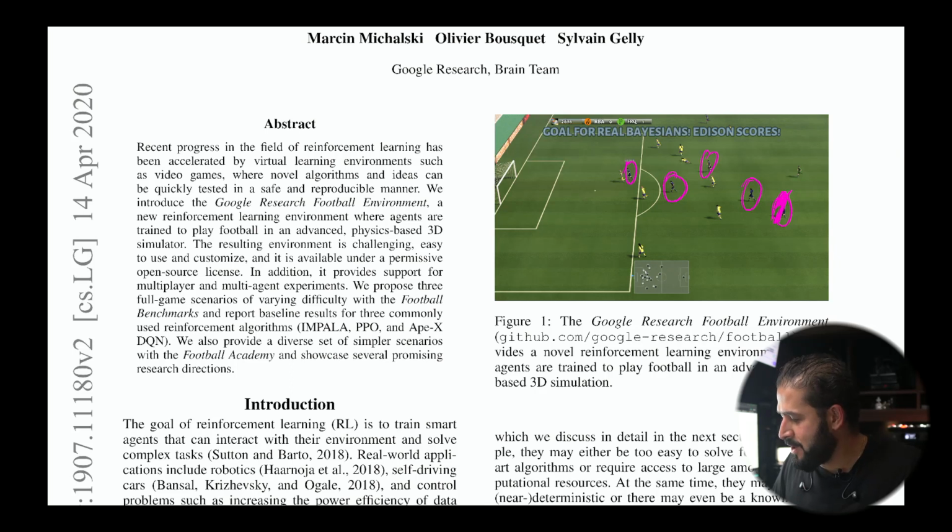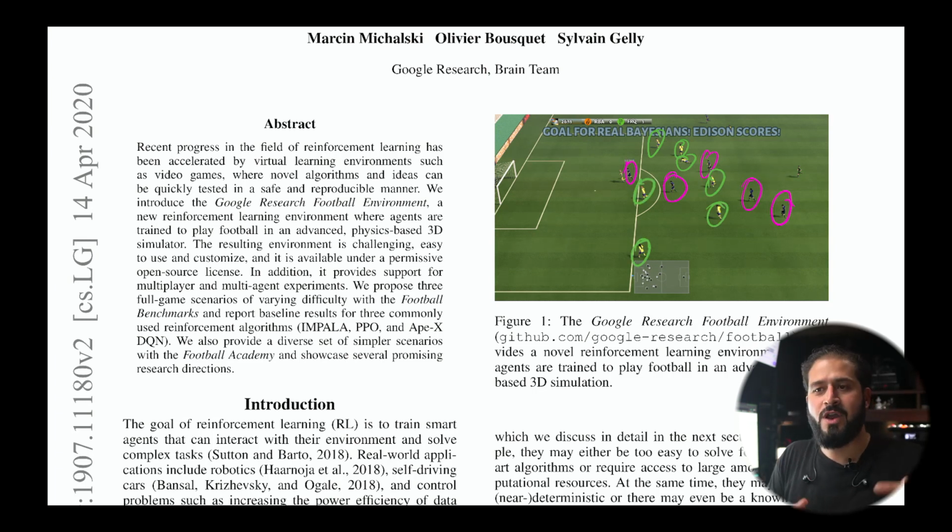You can also have that guy over there, right? And then you can obviously have the other team. So this guy, this guy, this guy, this guy, those are different agents as well. So now you have collaboration and competition at the same time. So you have 11v11 in there.